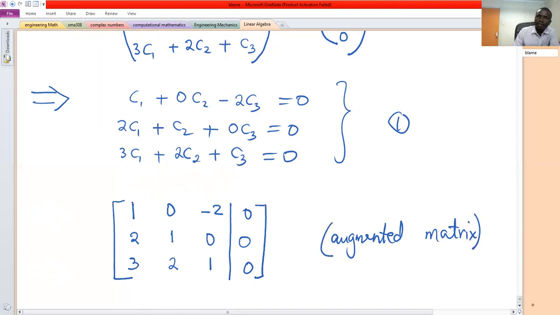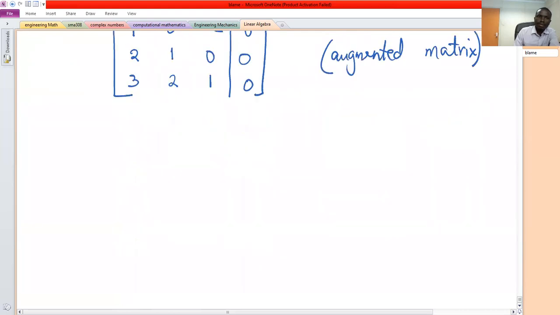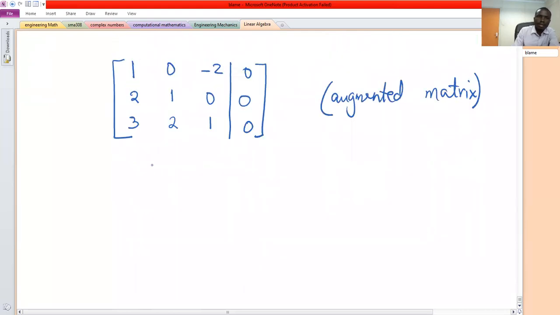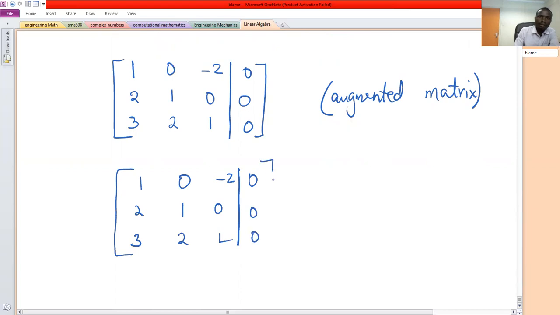Now, we use Gaussian elimination to solve this augmented matrix. So let's just write it: 1, 0, minus 2, 0; 2, 1, 0, 0; 3, 2, 1, 0.